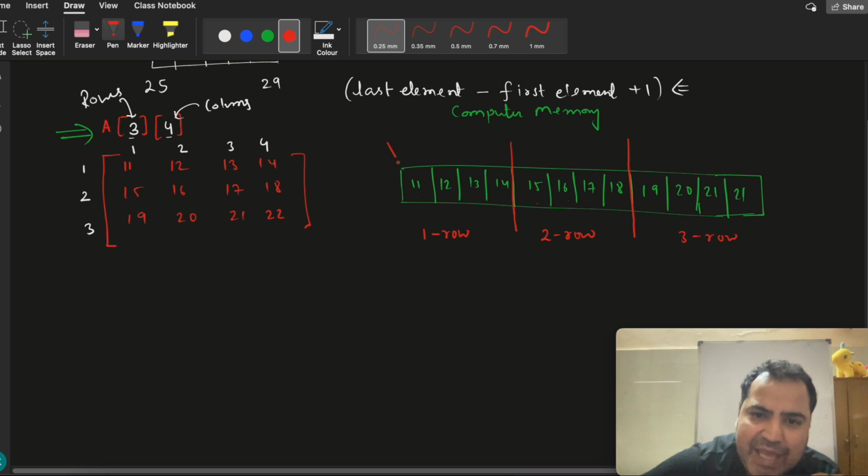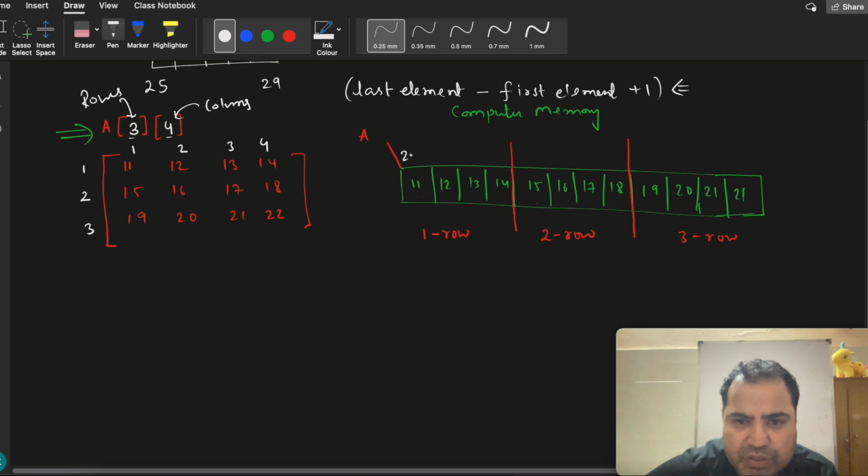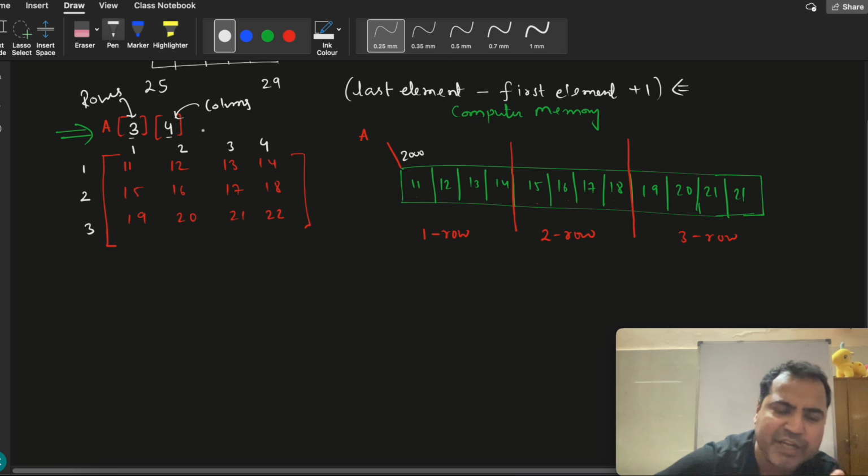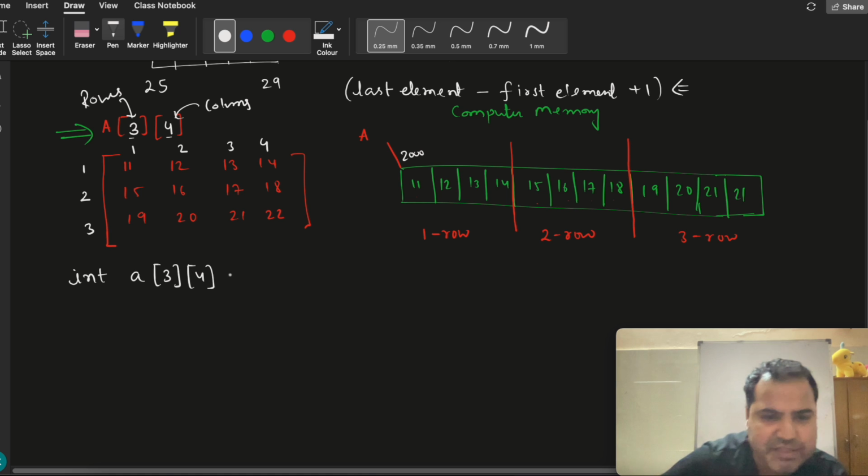Say I have named the array with capital A, and the first memory location of this array is 2000. Since from the last class I am taking this as an integer array, you can declare it as int A, 3 comma 4, which is the proper declaration, and then you can give the elements.